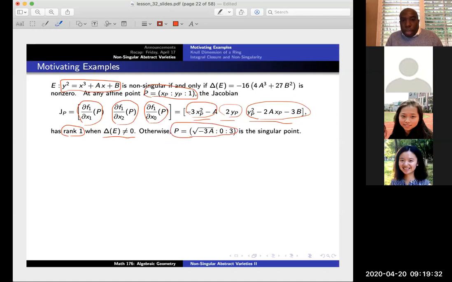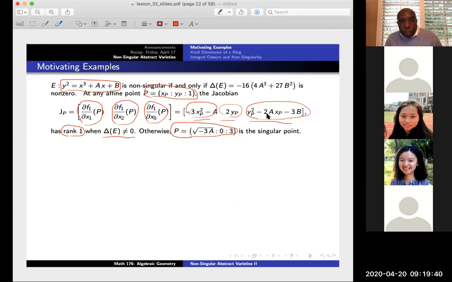So what we're saying is that the only way I can make all 3 of these partial derivatives vanish is if the discriminant is equal to 0, and in that case this point P is the unique singular point. As long as the discriminant does not equal 0, I cannot make all 3 of these partials 0, which means that this has to have rank 1. Rank just means that it's not the 0 vector.